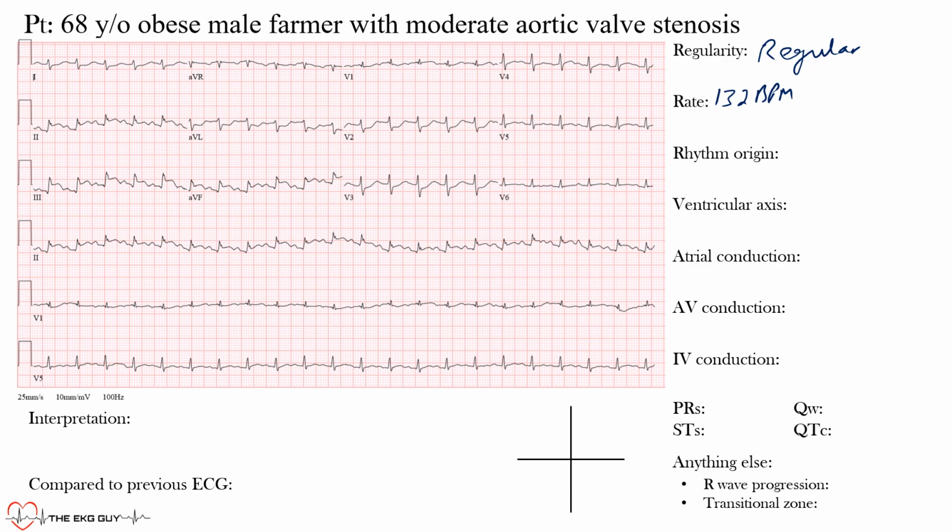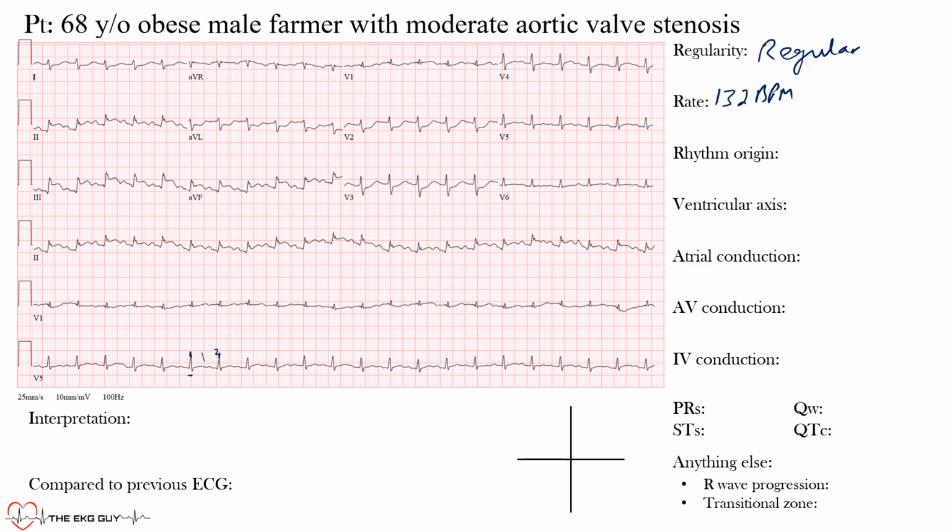So another way, because we have a regular rhythm, is we can find a QRS complex that falls on one of those thick lines, okay? So let's see if we can spot one here. There's one maybe close to that here, okay? So notice that this is falling close to it, and we spot another R wave, which is right there, and count the number of thick lines between them.